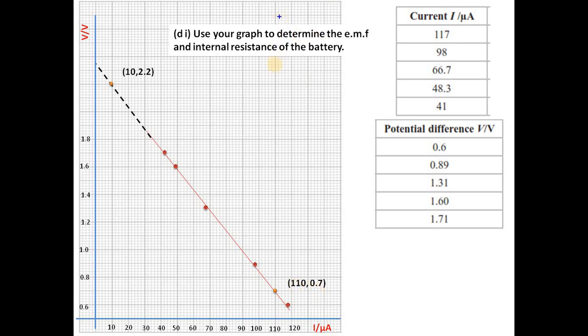Finally you find the gradient, which is y2 minus y1, so 2.2 minus 0.7, divided by 10 minus 110. If you solve this, your gradient will be 1.5 times 10 to the power 4 ohm.